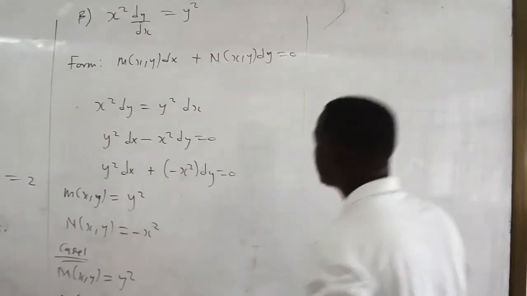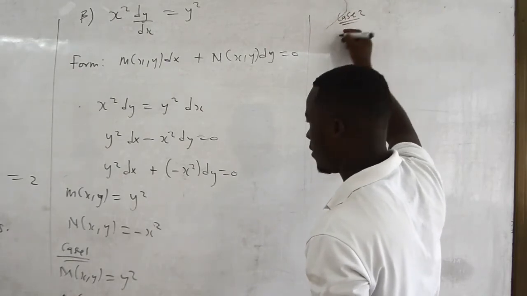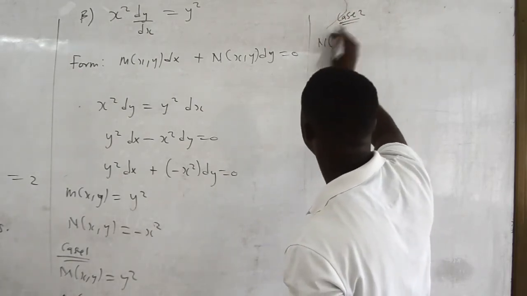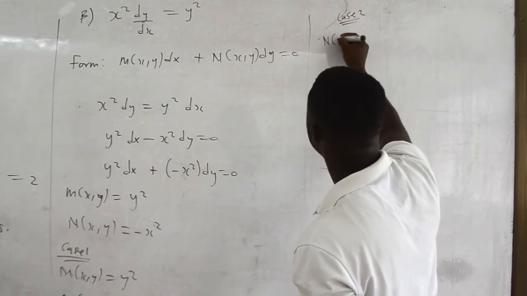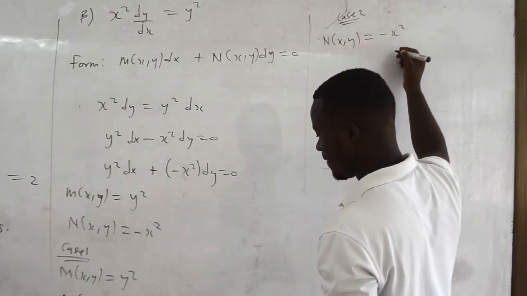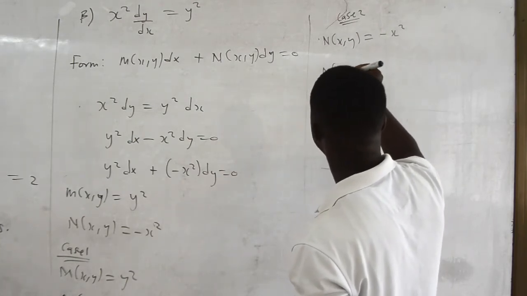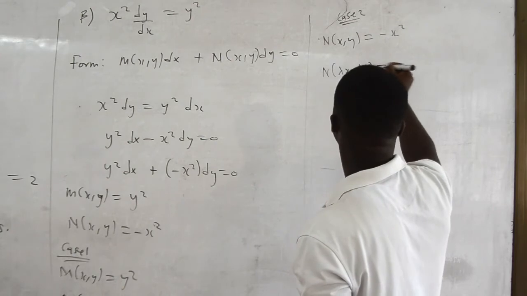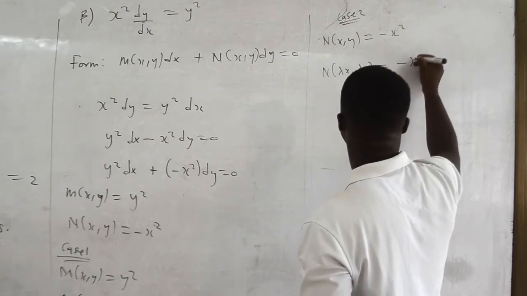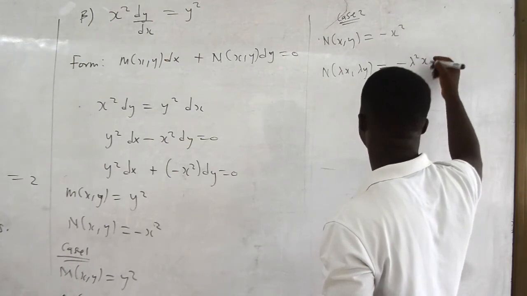For case 2, we'll have my N of x y to be equal to negative x squared, and changing this one, we have N of lambda x, lambda y to be equal to negative lambda squared x squared.